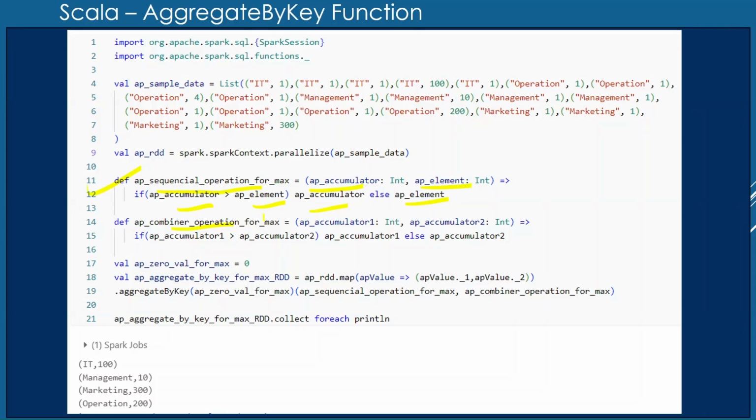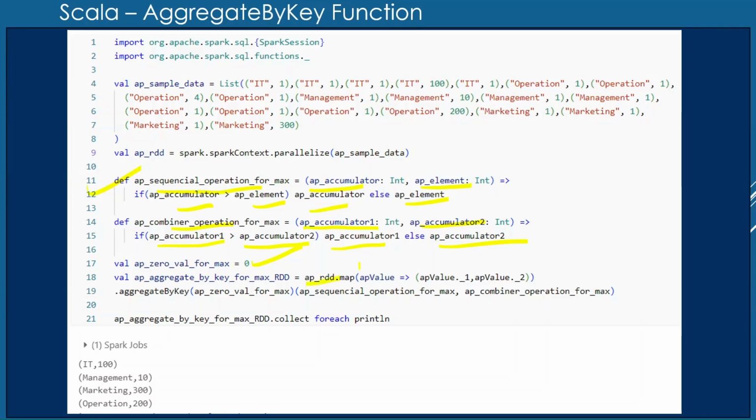In the combiner operation, we are passing two parameters, AP accumulator 1 and AP accumulator 2. Here we are checking if AP accumulator 1 is greater than AP accumulator 2, then return AP accumulator 1, else return AP accumulator 2. Here we are just initializing a non-zero variable.